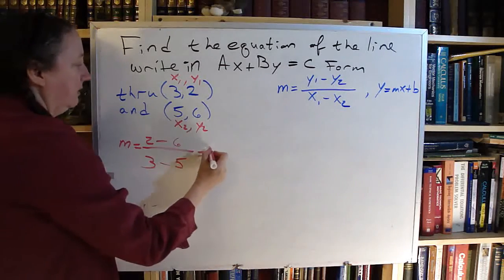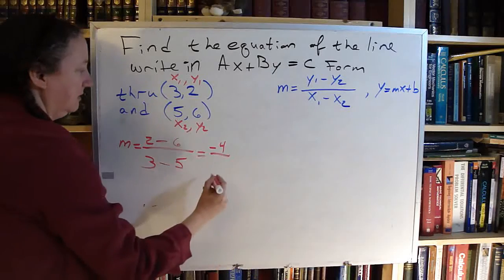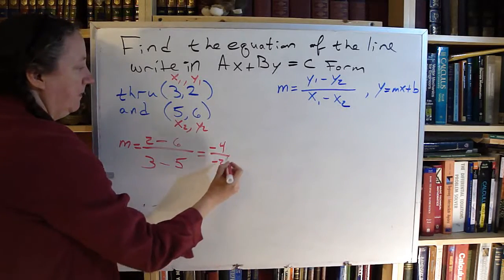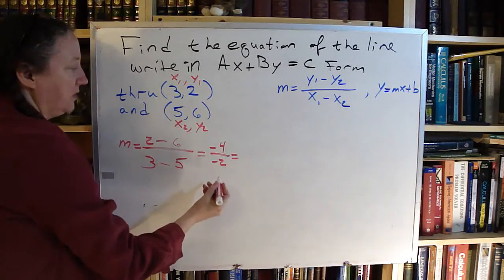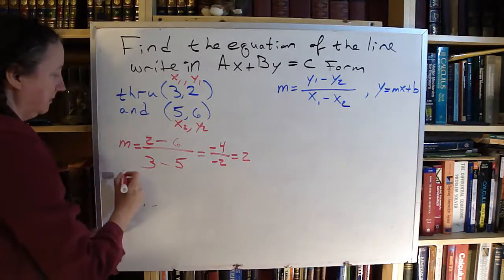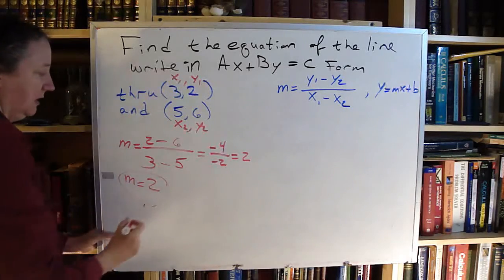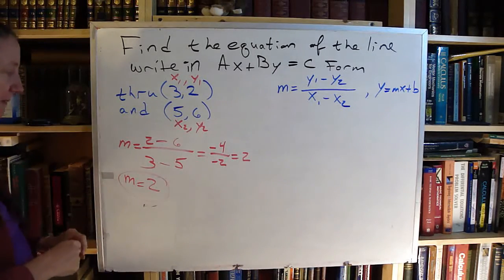2 minus 6, negative 4. 3 minus 5, negative 2. Reduce that fraction. Positive 2 is my slope. So that's important information there.